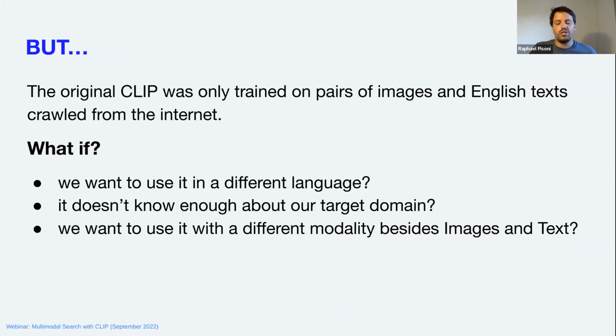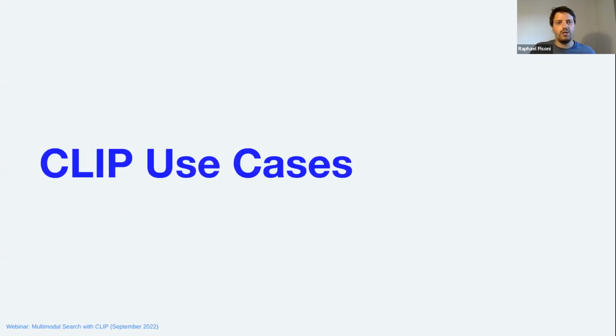So in the next few presentations, we will show you how you can get around that and how you can train clip with your own model, with your own data. And that's going to be the two clip use cases that me and Sujit will talk about today.